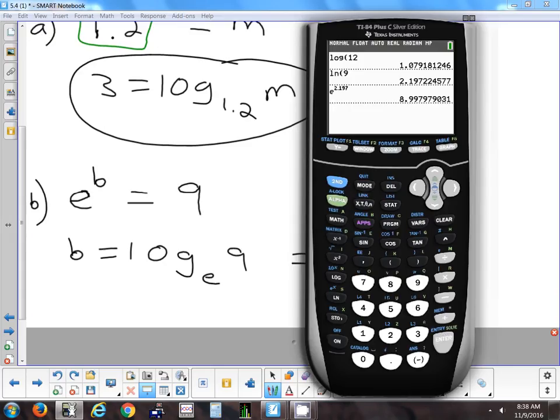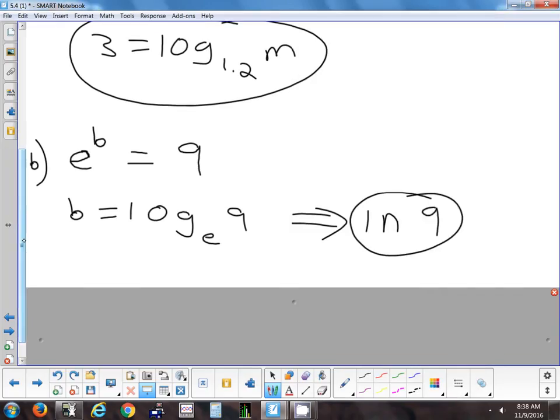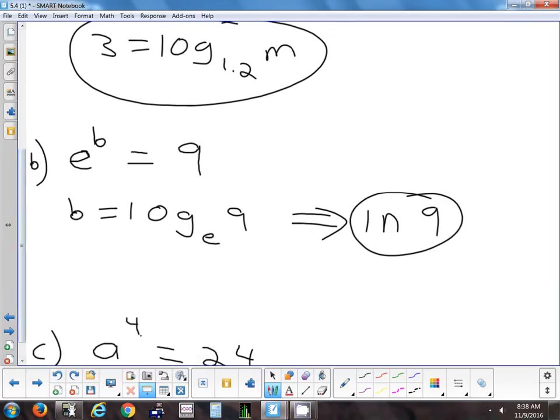Okay, so we just solved for the exponent. What would you raise e to get 9? It's about 2.197. Hey, any questions on that? Okay, but again, don't worry about the decimal here. You don't have to write it.